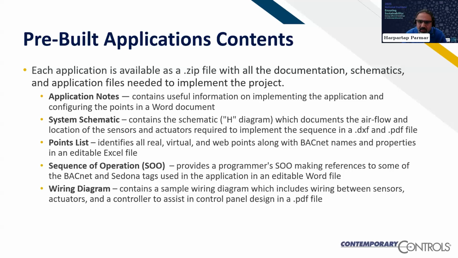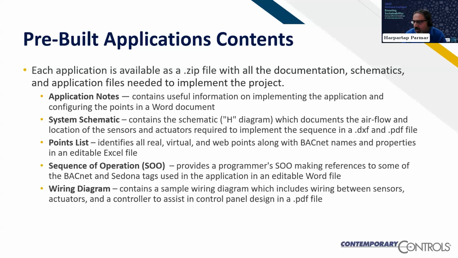Those points could be real points or just virtual points, which are used for any intermediate point handling. You also get the BACnet names and points and properties available. This is an easy Excel file that you can modify. You also get the sequence of operation.